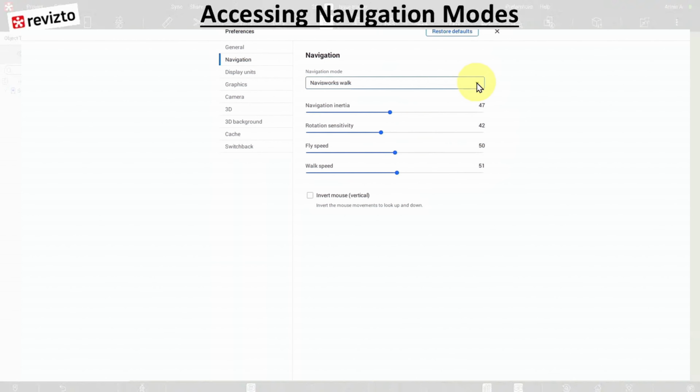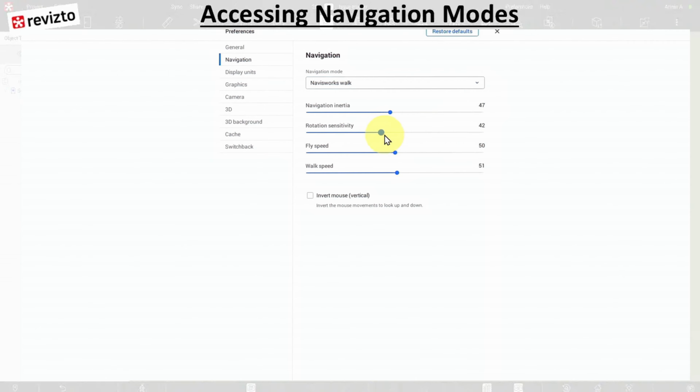If I use this drop down, it's going to give me the different modes that are available in Revizto, and you can also toggle between these different modes during your model reviewing process with F5 for game, F6 for Revit, F7 SketchUp, F8 Revizto, and then F9 with Navis.